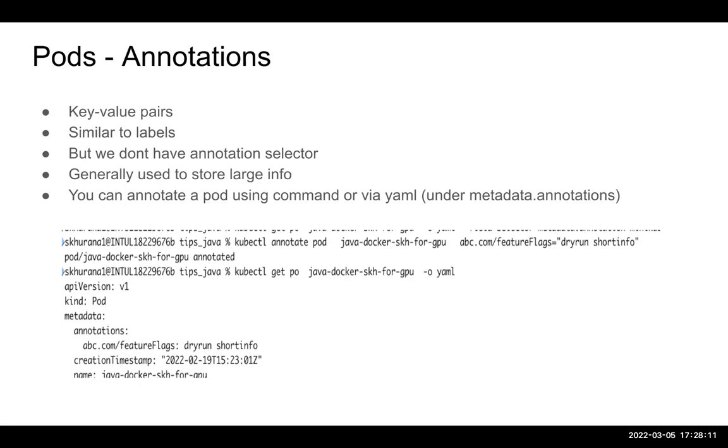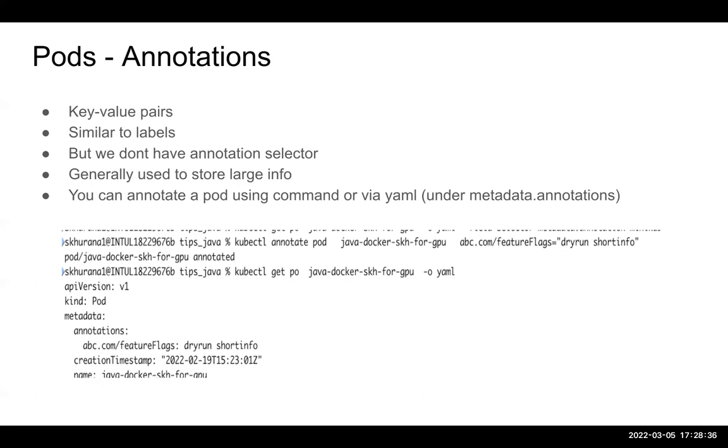So that's one case. The other case is because it can store large information. If there's a huge amount of information you want to store, it depends on the use case. For example, you want to annotate the context of that pod, what this pod does, what it is supposed to be doing, and all sorts of things. So you can mention that in an annotation. It has no bearing on anything else.